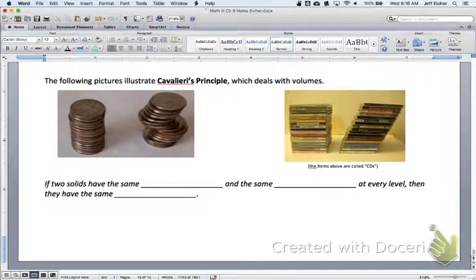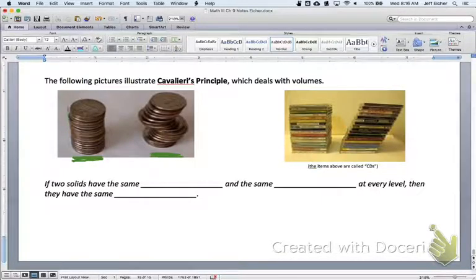Looking at the stack of quarters on the left, the volume of the first stack of quarters is the same as the volume of the second stack.